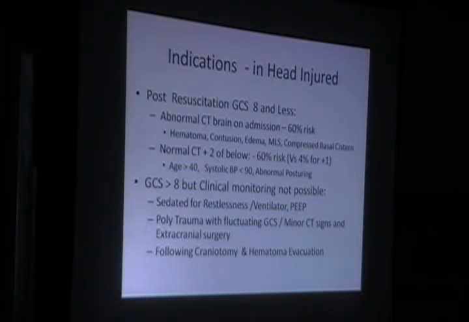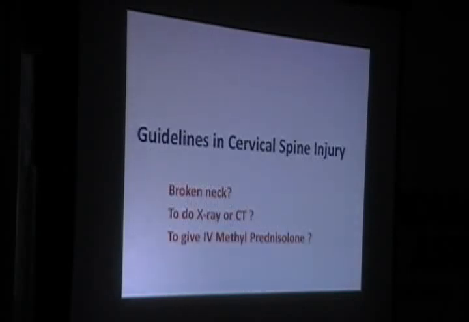If the Glasgow Coma Scale is more than 8, in certain situations, if the patient is very restless and needs sedation for ventilatory therapy, or if the patient has extracranial surgery and a fluctuating GCS, then even if the GCS is more than 8, it's an indication. These are all Brain Trauma Foundation guidelines which we follow.